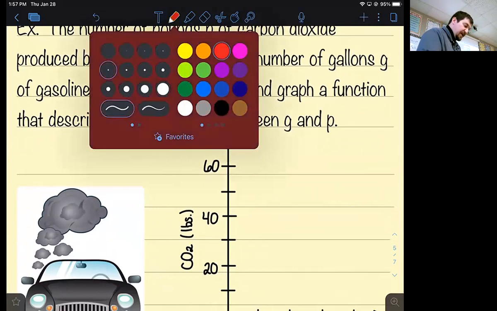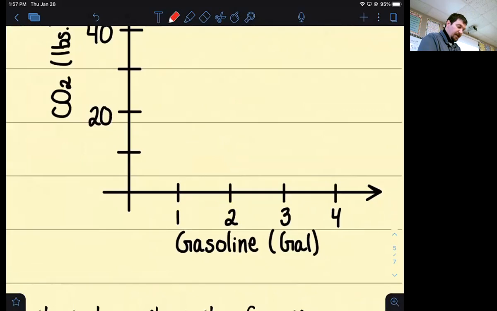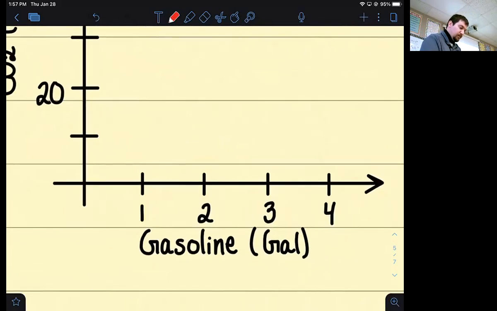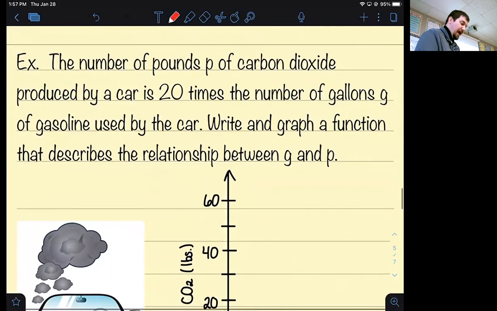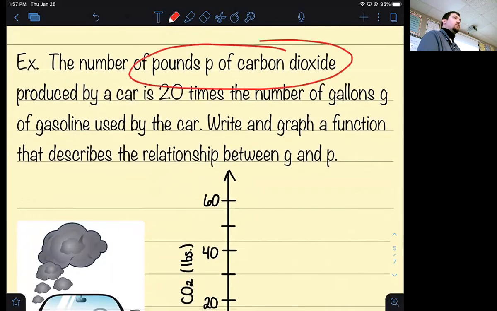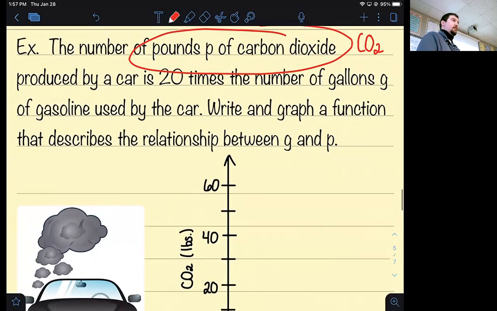It looks like the G, the gallons, is my X variable. And the CO2 used, which was the P pounds of carbon dioxide, that would be the P variable, which is on the y-axis. So P is my y, G is my x.